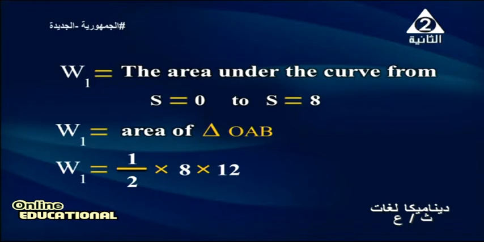Half times base, which equals 8, multiply the height 12. Then the work in this case equals 48 joule.